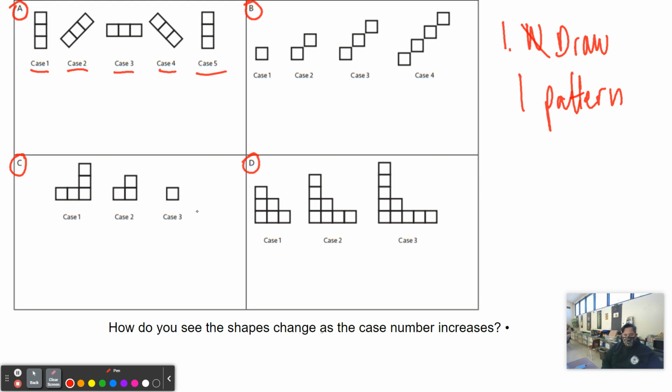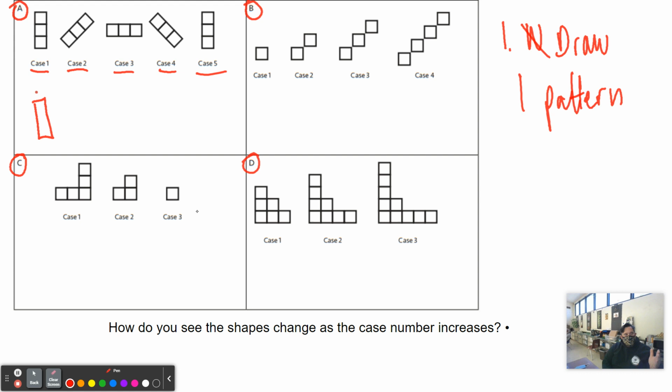And now, the next question, I don't want you to write this question and then answer it. I want you to draw. I want you to visually show. You can use words, you can use visuals to show how you see the shapes change as the case number increases. Okay, so for example, if I were going to draw case one, one way to look at it is as the cases increase, they're rotating a little bit.